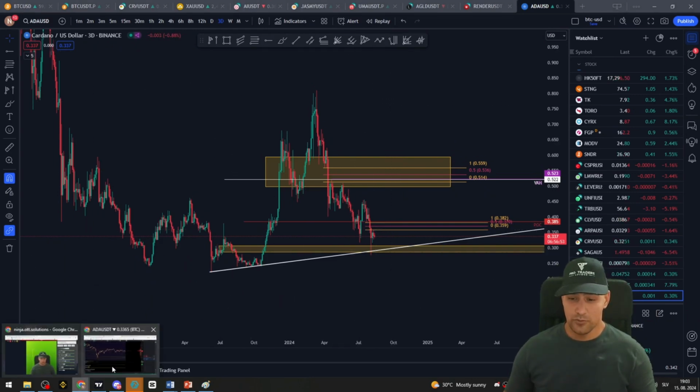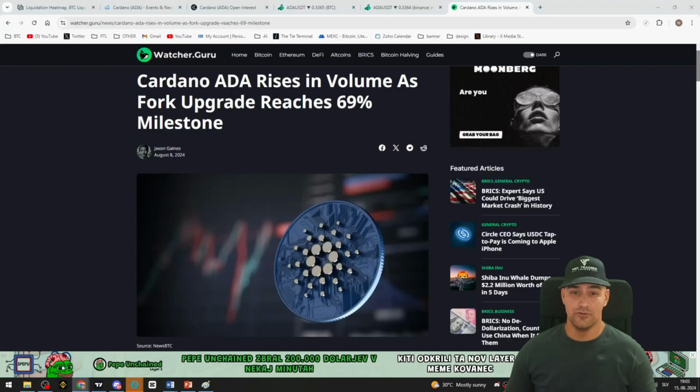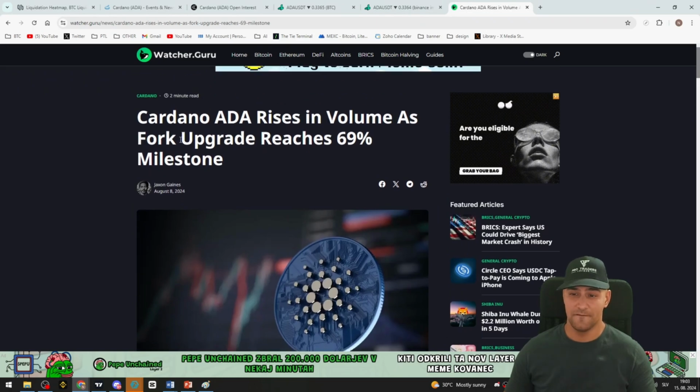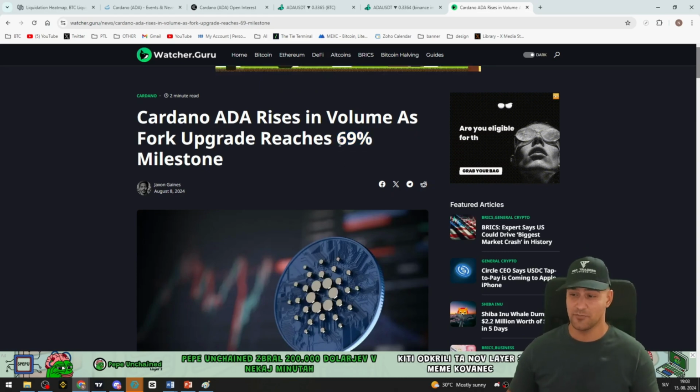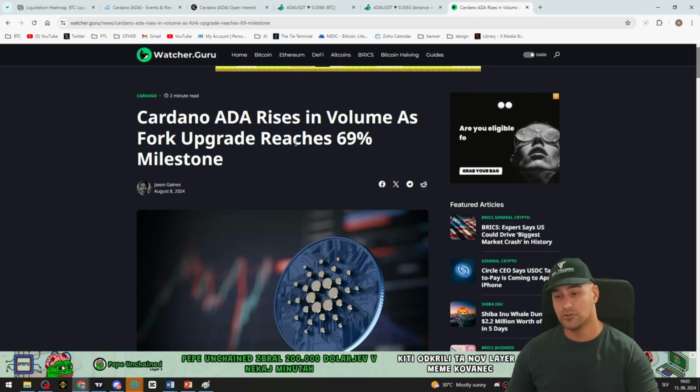Keep in mind that we also have news of Cardano having a fork upgrade, almost 70%. This was back, what was it, a week ago. So we are quite close to the Chang Fork, the hard fork on Cardano, and this might give us some more boost, some more volume.